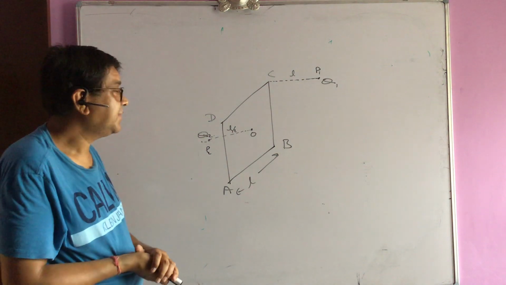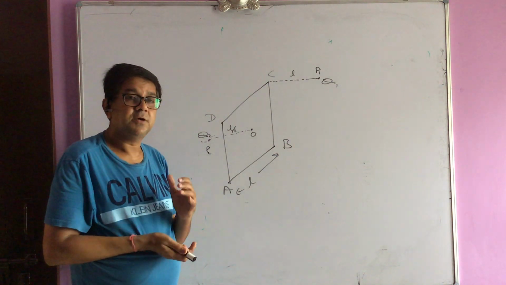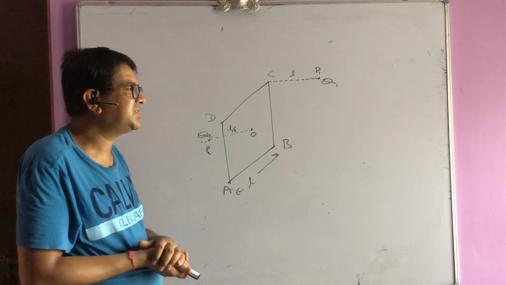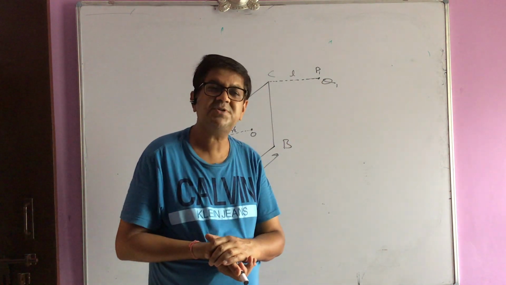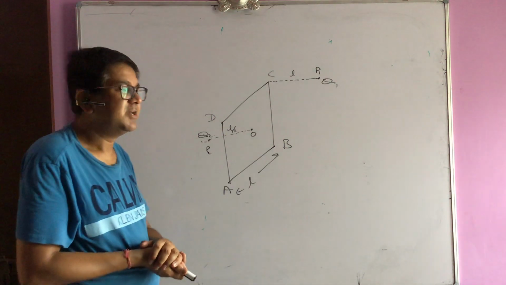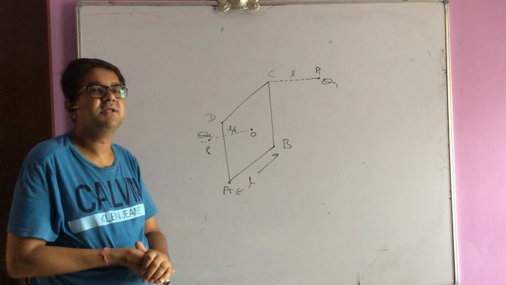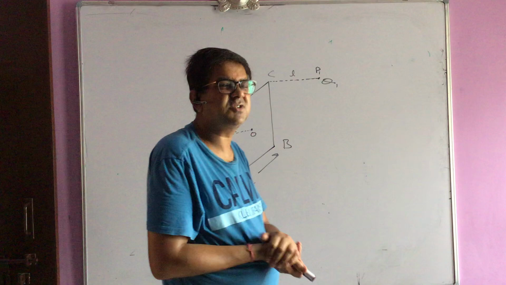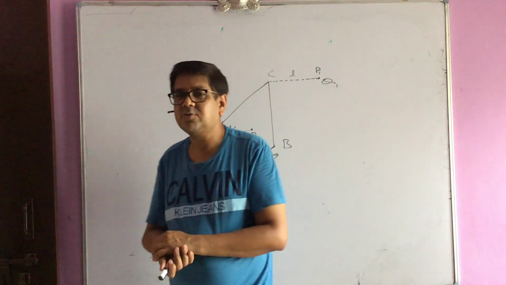Now, here is a confusion. If I ask you what is the sign of the flux through a surface which is not a closed surface or part of a closed surface, then how to tell the sign of the flux? In fact, we cannot tell the sign of the flux if a surface is not closed or not part of a closed surface.